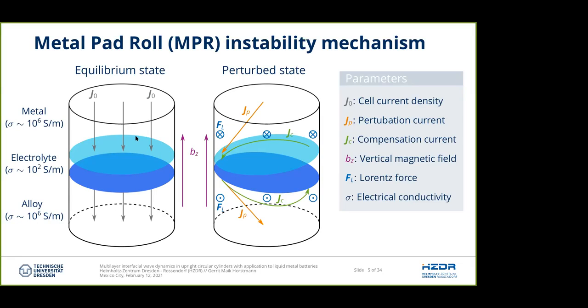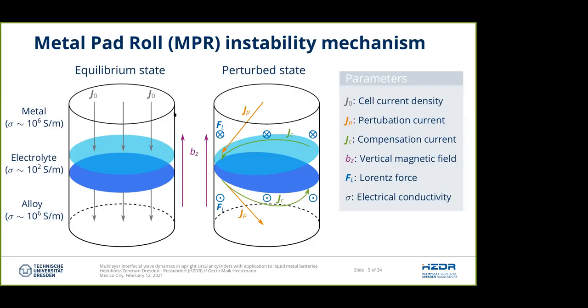We expect the same instability mechanism there. And there are different interfacial wave instabilities which can evolve, but the most prominent is the so-called metal pad roll instability. And here I will try to give you a first intuitive feeling how this instability can arise directly in 3-layer liquid metal batteries.